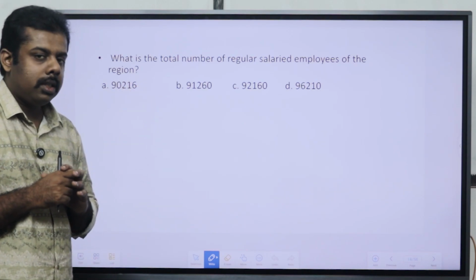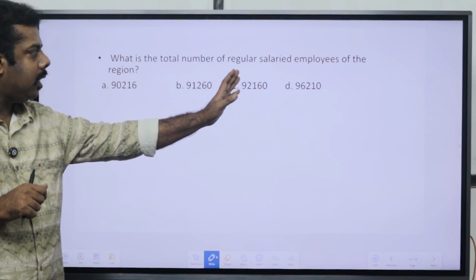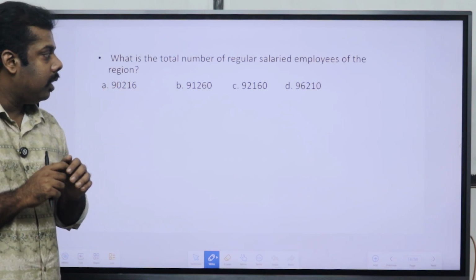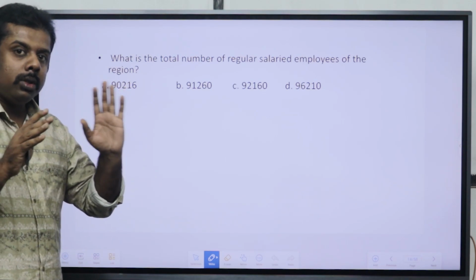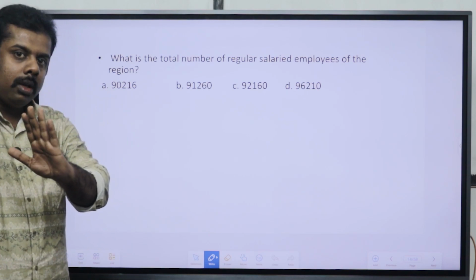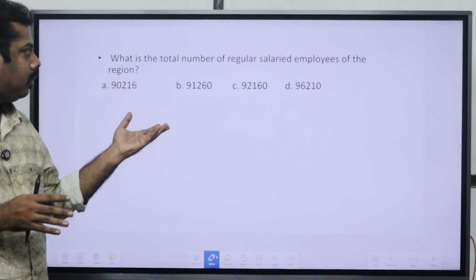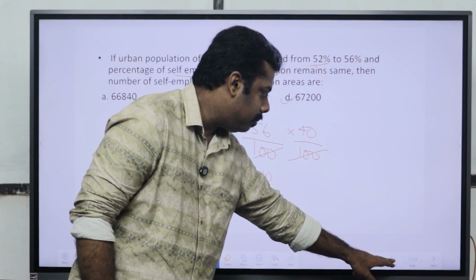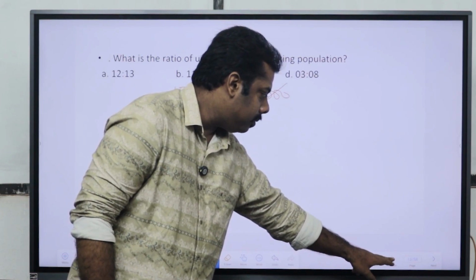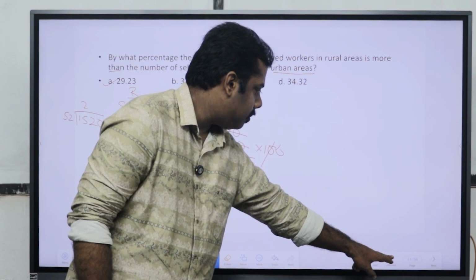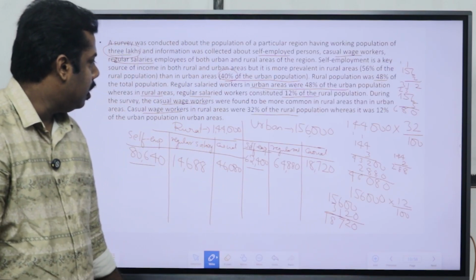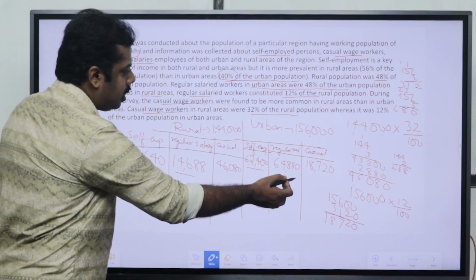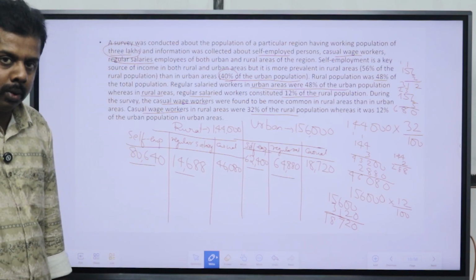Now the question here is, what is the total number of regular salaried employees of the region? Regular salaried employees of the region means both regions, urban plus rural, so we have to find the sum of that. Going to the data once again, regular salaried people here is 14,688 and here it is 64,880.